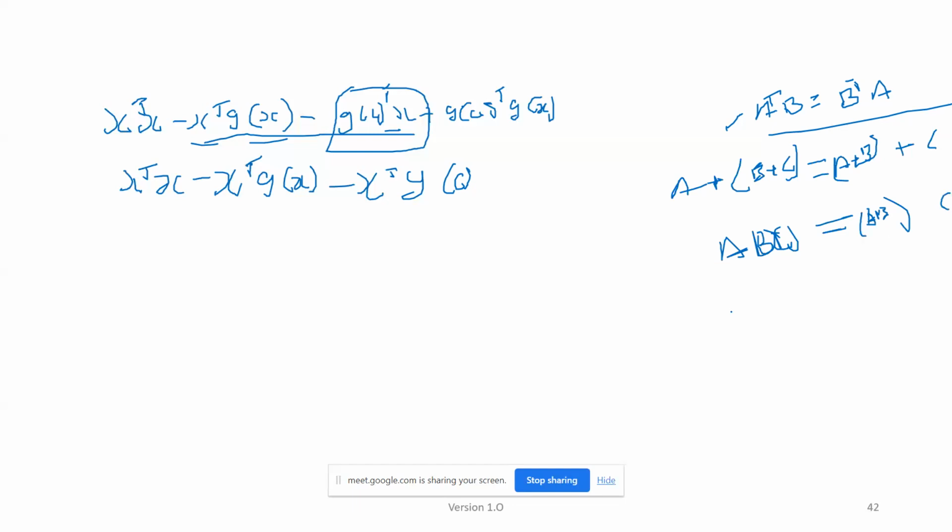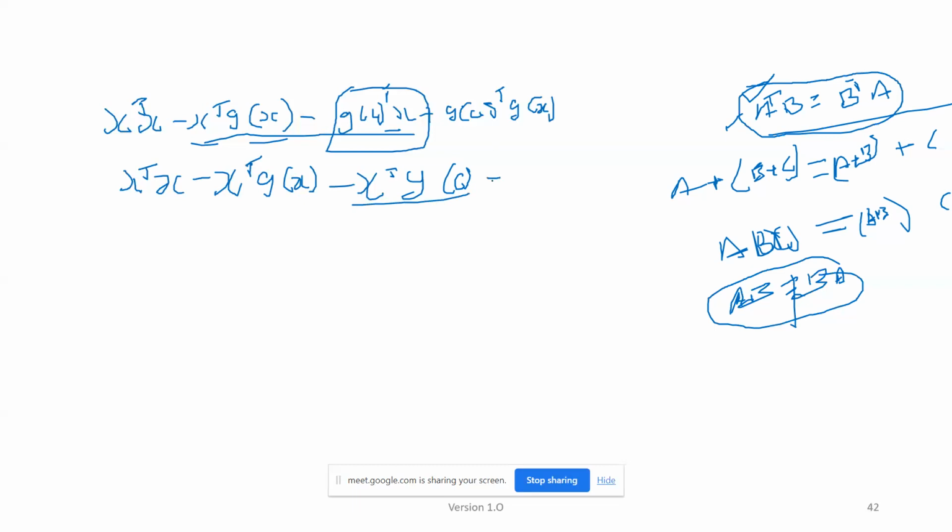But AB is not equal to BA. This is commutative, so this is not satisfied. AB is not equal to BA, but A transpose B equal to B transpose A. This is possible. So this thing we are applying. So in place of B transpose A, I'm writing A transpose B. So this is this one.